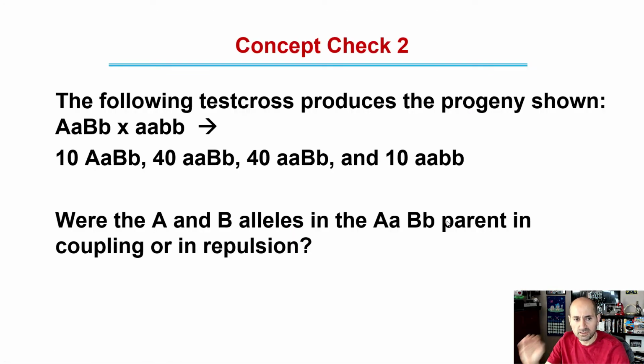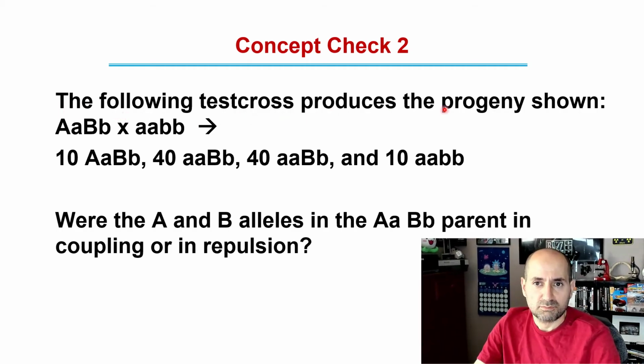So let's do another concept check. The following test cross produces the progeny shown. Big A, big B, little b, crossed with little a, little b, little b. And here's the numbers we see.